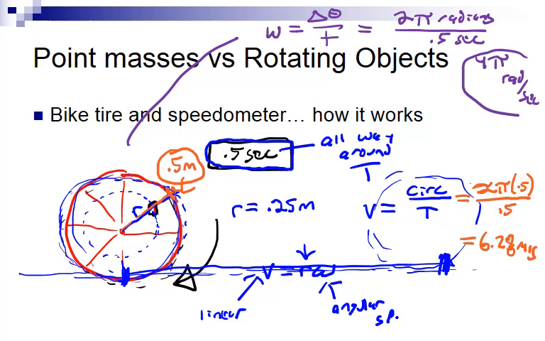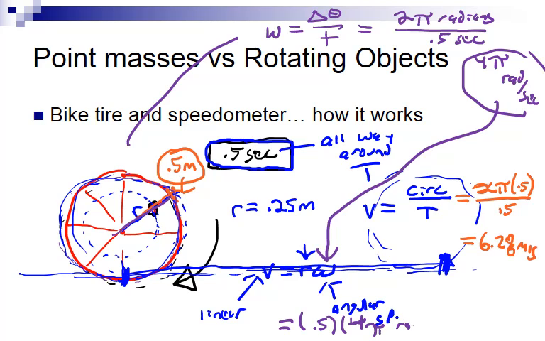And then if we take that, that's the angular speed, we can bring that in here, which is the angular speed multiplied by the radius. So the radius of this tire is 0.5. So 0.5 times 4 pi radians per second. And then we would get the same thing, 6.28 meters per second.